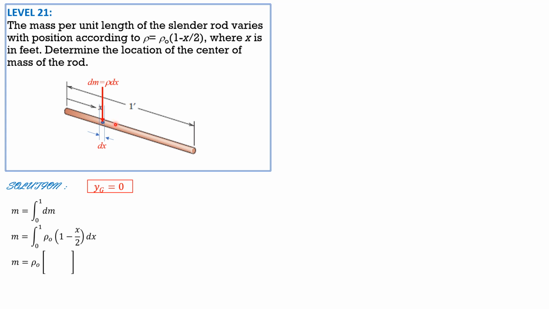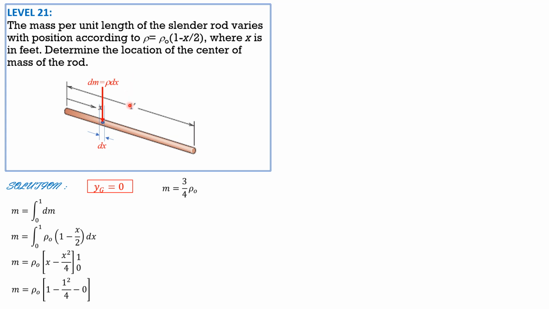So mass is rho O quantity x minus x squared over 4 from 0 to 1. Therefore, mass is rho O quantity 1 minus 1 squared over 4 minus lower limit 0, so 3/4 of rho sub O. That's the mass of this slender rod.